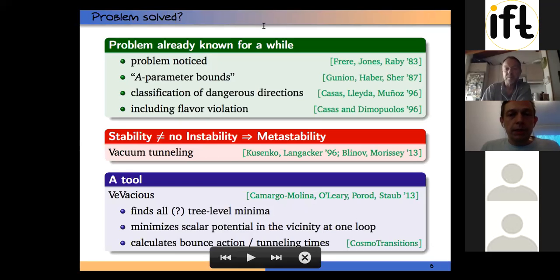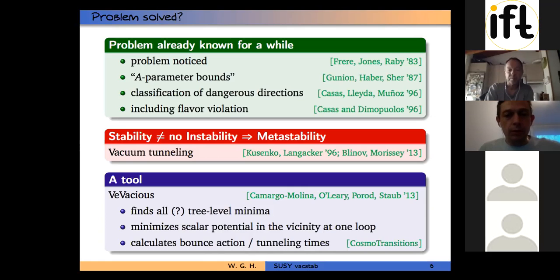Indeed, this problem is partially solved. However, as I mentioned, it's of course related to a certain choice in the parameter space, in the field space that might not be optimal.